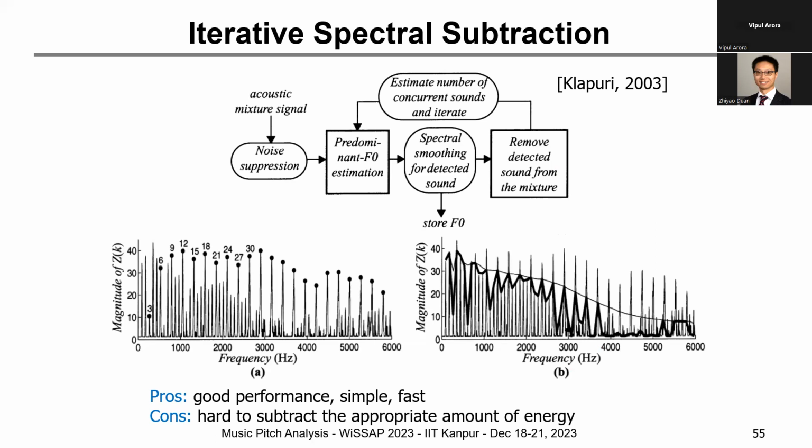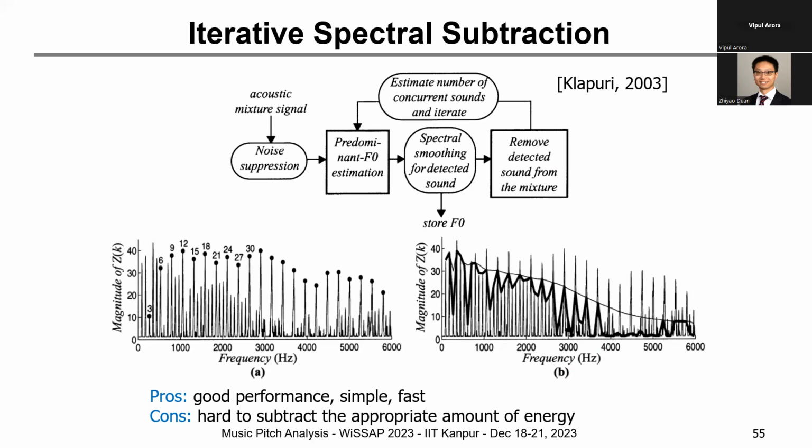We estimate it, and then we also estimate its harmonic envelope somehow. Then we remove the pitch and its harmonics from the mixture, subtracting it from the spectrum. And then we check whether the leftover spectrum contains enough other pitches or not. If yes, we go to the next iteration to estimate the next predominant pitch, and then do the subtraction again and again, until we think the leftover is too sparse, there's nothing left, and then we stop.